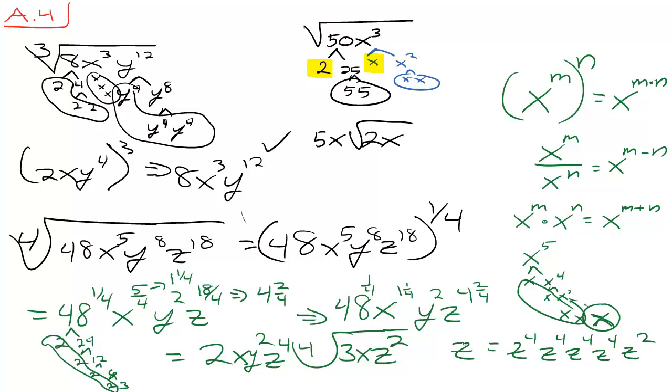So there's z to the 18th, and then here is my set of 4. So however you want to think about it, it's still the same thing as dealing with a normal root. You're just looking for sets of something, instead of with a regular square root where you were looking for pairs. I hope that helps.